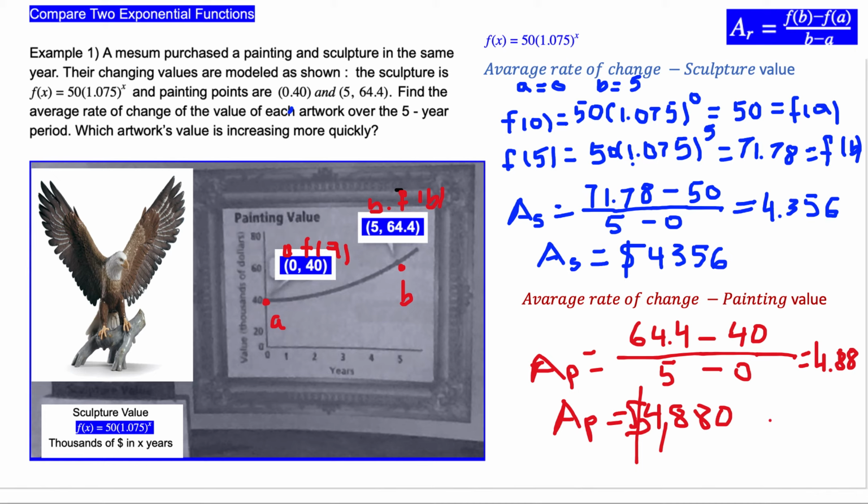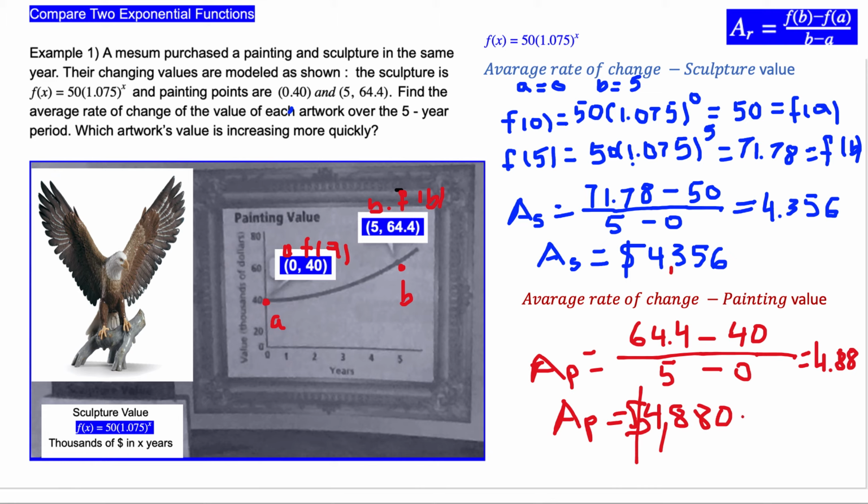Now, to answer the question, which artwork's value is increasing more quickly? The painting was increasing more quickly, because you see the sculpture was $4,356 per year, but the painting was increasing by $4,880 per year.